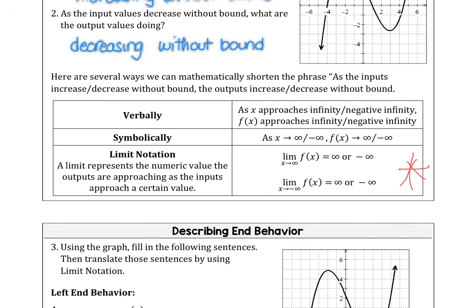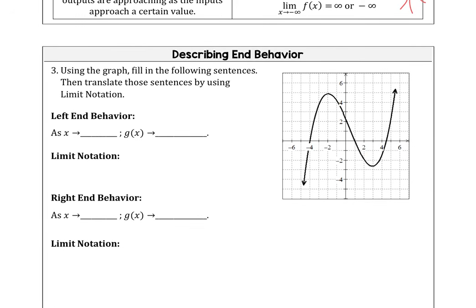Let's look at describing end behavior now. So we're going to use the graph and fill in the following sentences, and then translate those sentences by using this new limit notation that we've just learned.